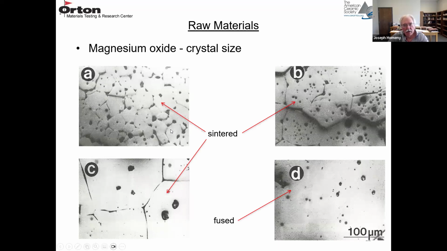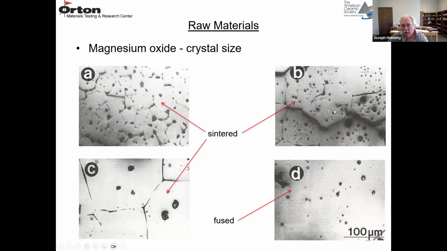So A is calcined at a lower temperature than B, and B is calcined at a lower temperature than C. But you can see in A, the particle or the crystal size, you can make out the individual crystals. You can see grain boundaries. You can see some pores. The crystal size is less than 100 microns.